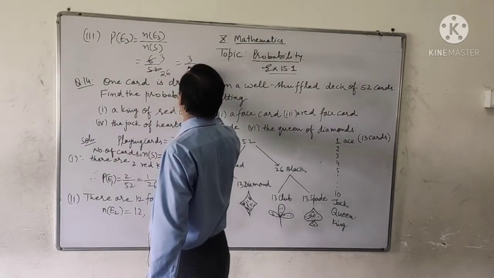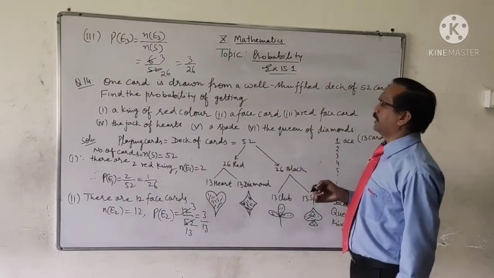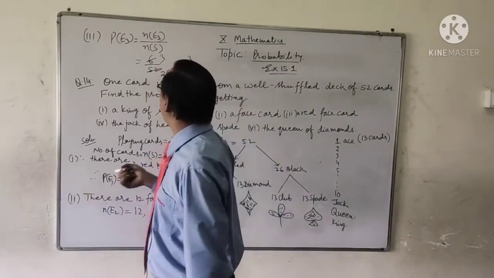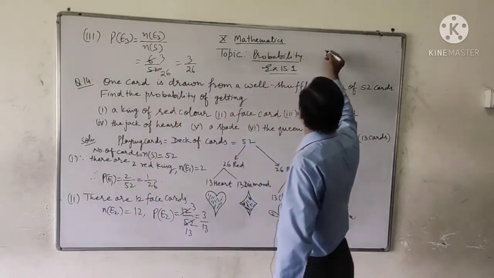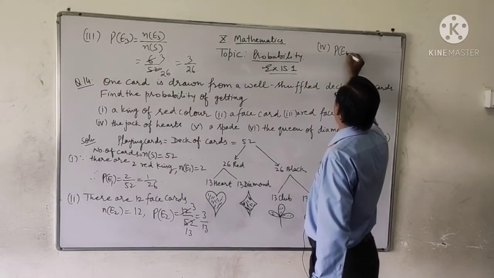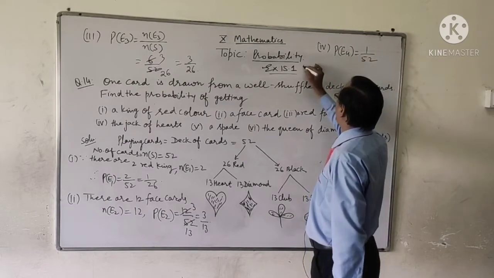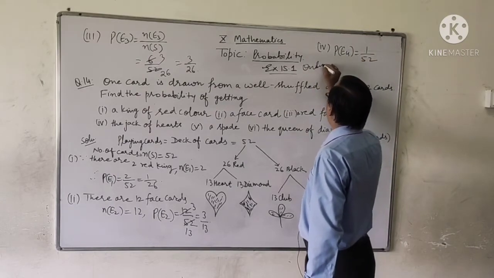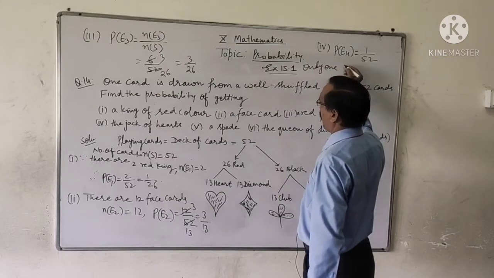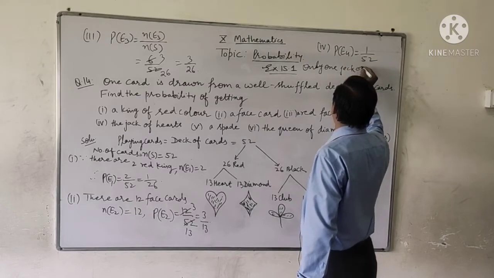Answer 3 upon 26. Similarly, jack of heart. There is only one jack of heart. So probability for the fourth case, P(E4), is 1 upon 52 because there is only one jack of heart.